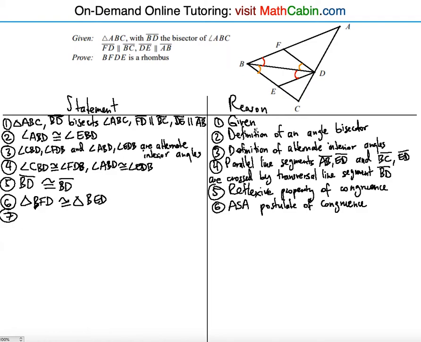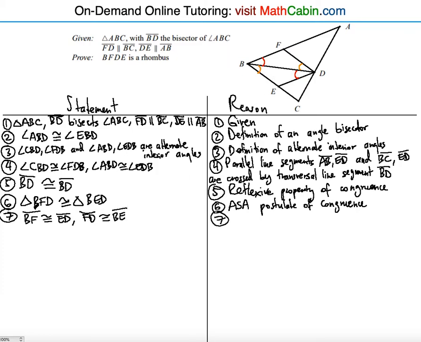So now that we've shown that they're congruent, we can find the corresponding parts and set them congruent as well. So basically what I'm saying is that BF will be congruent to ED, because these are the corresponding parts of these two congruent triangles. BF is congruent to ED, and FD will be congruent to this opposite one, BE.